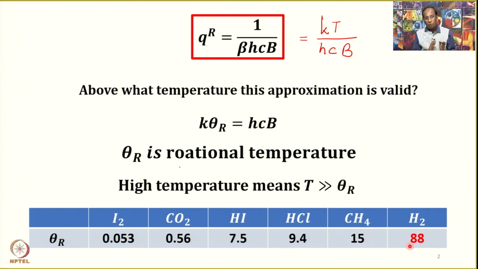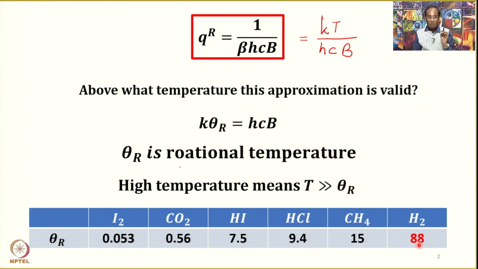So, therefore, if we talk about normal temperature, let us say 298 Kelvin, 298 Kelvin is much higher than 0.053, much higher than 0.56, much higher than 7.4. But when we reach 88, we need to be a little careful.